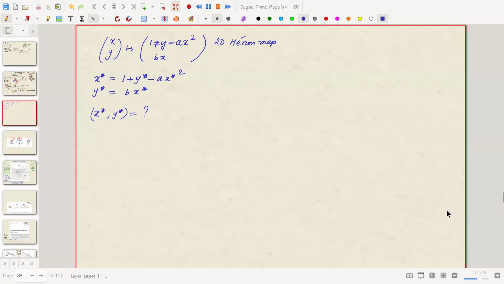Let us call it x1 star, the fixed point 1. Tell me, what is x1 star and y1 star?